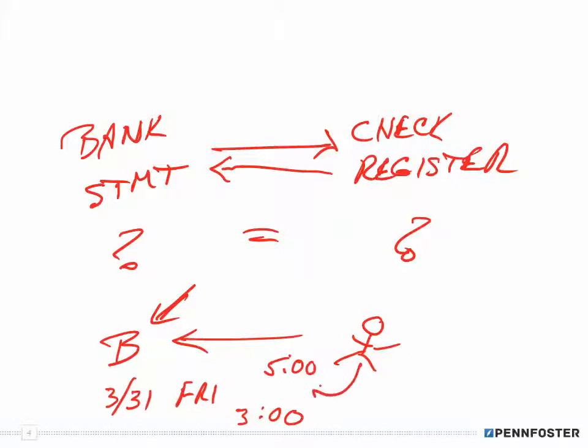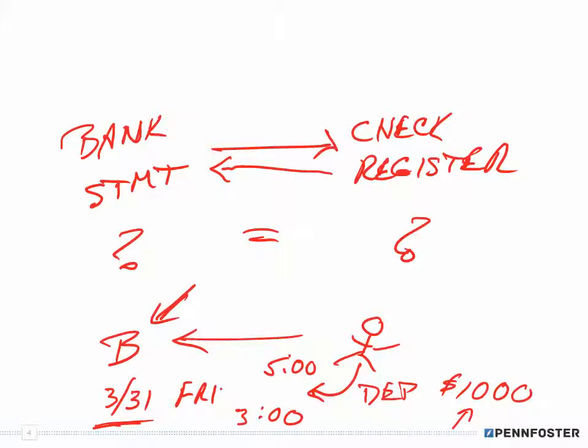So if you go in sometime between 3 and 5 and make a deposit of $1,000, that deposit is not going to show up on your bank statement, even though you deposited it on 3/31, the last day of the month. The reason is that the bank has an early close. So the bank's statement is going to show less than you think you should have in there, because you deposited that extra $1,000, and you have to account for these differences.